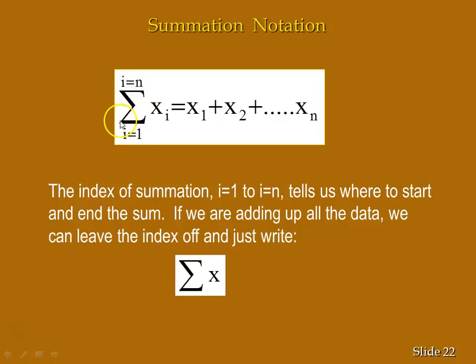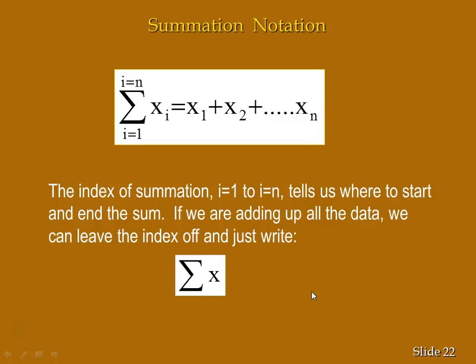This symbol here is the capital Greek sigma, which we refer to as the summation sign. The i equals 1 and i equals n is called the index of summation. It tells you where to start the sum and where to end the sum. So this basically says start with i equals 1, and we'll have x1, go to the next integer, add in x2, and continue until you get to the nth value.